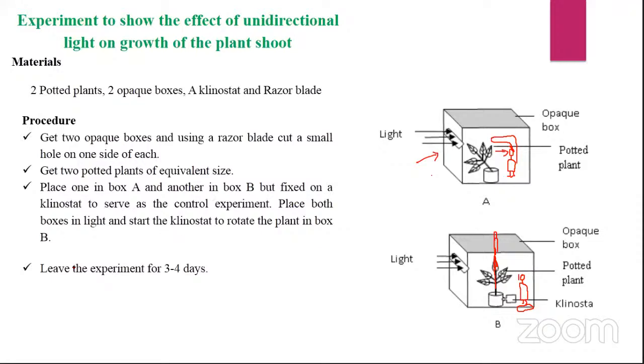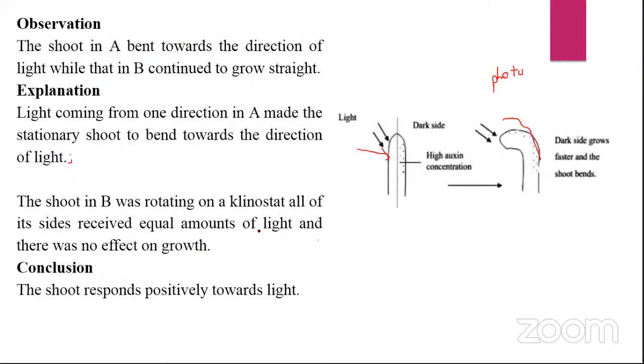All of its sides received equal light, so oxygens are uniformly distributed throughout the tip. And that is what's going to make it continue growing upward without bending. In conclusion, the shoot responds positively towards light. That is positively phototropic. I hope you guys have understood.